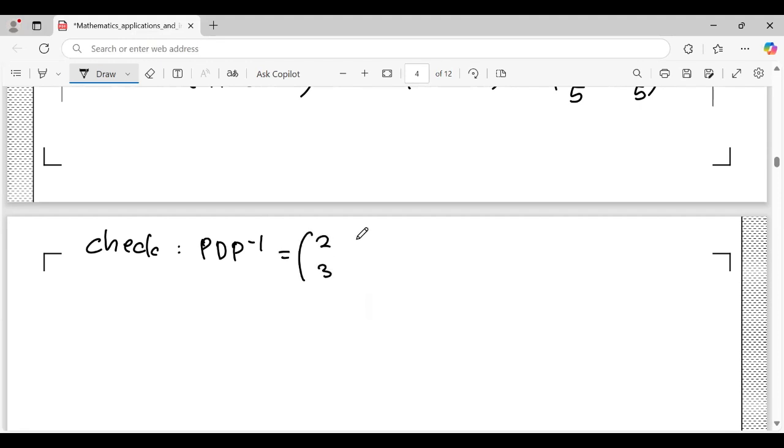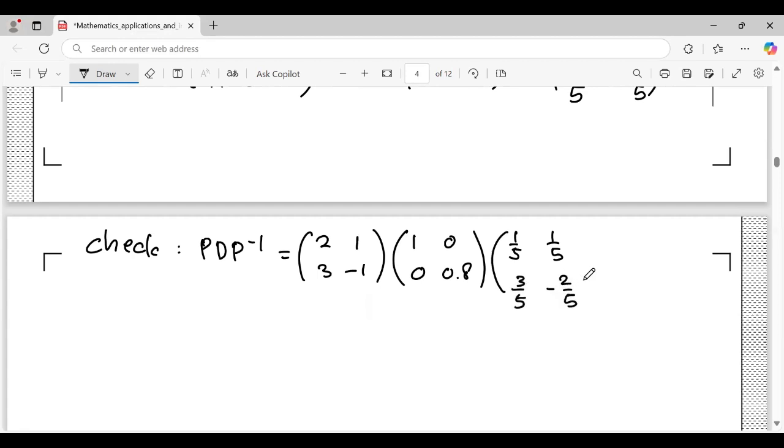2, 3, 1, minus 1. D is 1, 0, 0, 0.8, and inverse matrix P is 1/5, 1/5, 3/5, and minus 2/5.